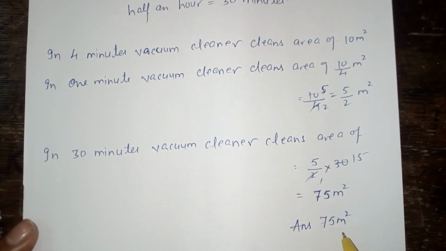The meaning is 75 square meter area is cleaned by the vacuum cleaner in half an hour. My dear student, this is your required answer for your required question.